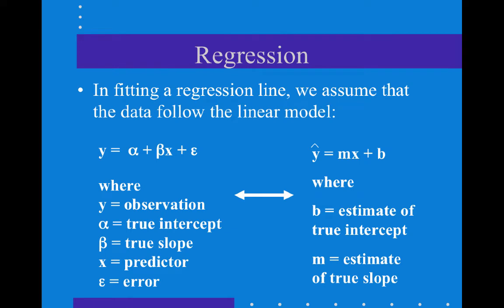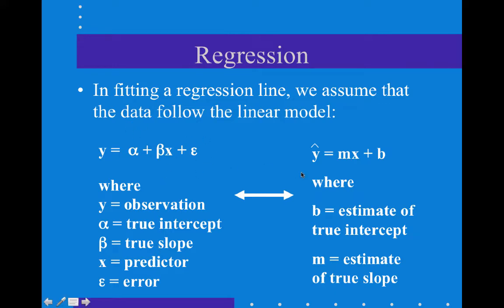So regression analyses actually try to fit a line. And in fitting that regression line to a set of data, we have to assume that the data actually follow a linear model. Keep in mind that this relationship here is what we've been studying all along. As we've expanded our experimental design, we've looked at more in-depth analysis of variance, we've accounted for more sources of variation associated with our response variables.